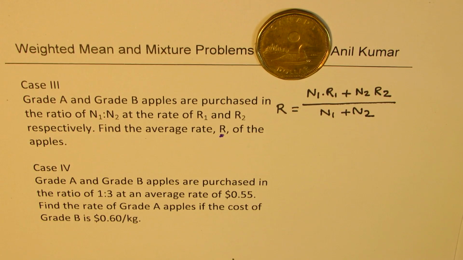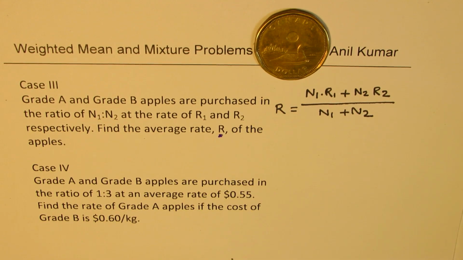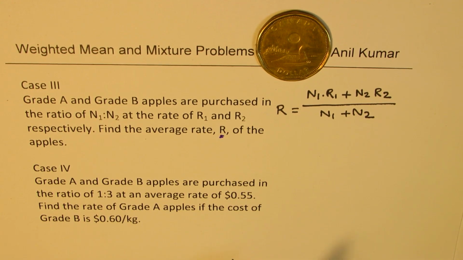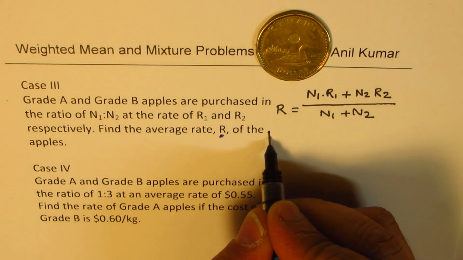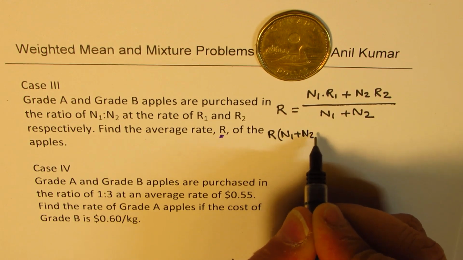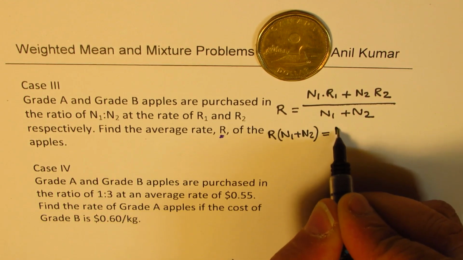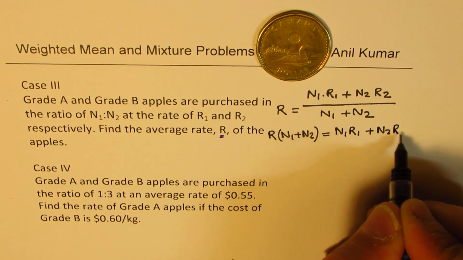So we get our general formula. And so we could always find the answer, which we did in the last case also. But see now, what am I going to do? I'm going to rearrange this formula and then work out in a different way. I could cross multiply, right? So I could write this as R times (N1 plus N2) equals N1 R1 plus N2 R2, correct?